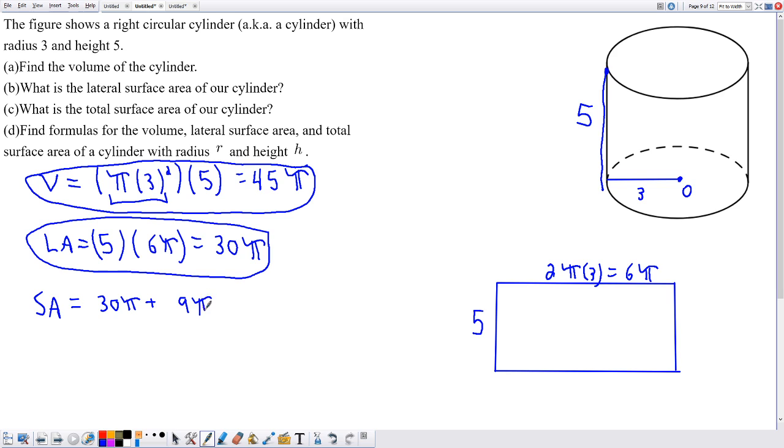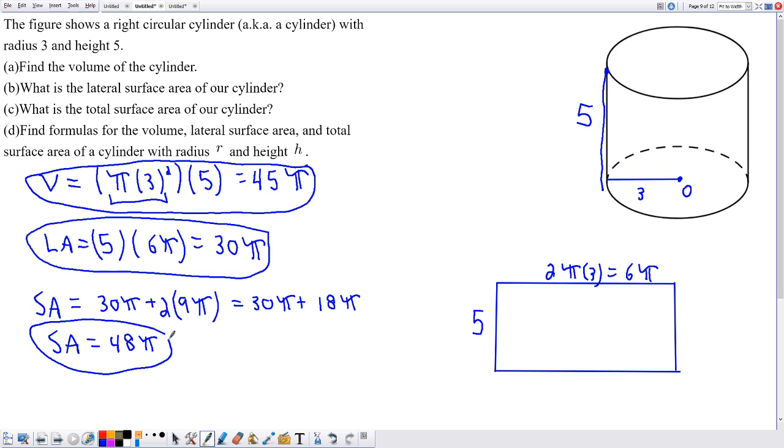That's the area of one circle, but we have two bases, so multiply that by 2. So we have 30 pi plus 18 pi, which can be simplified into 48 pi. And that is part C.